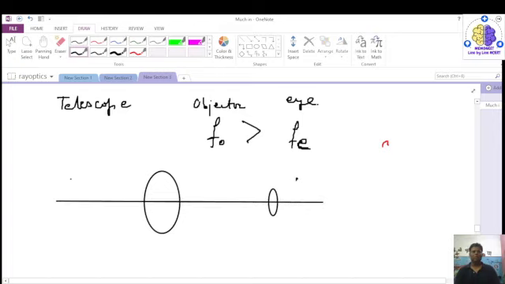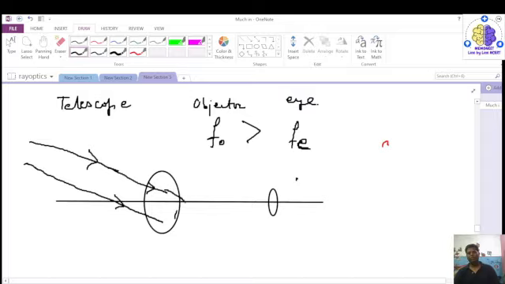So now the light rays are coming from infinity, because the object is placed in space, so we can consider that the object is placed at infinity. Now because the object is placed at infinity, the image will be formed at the focal plane, right? So this is the focus of the objective. So here is the image formed, and this is a real image.